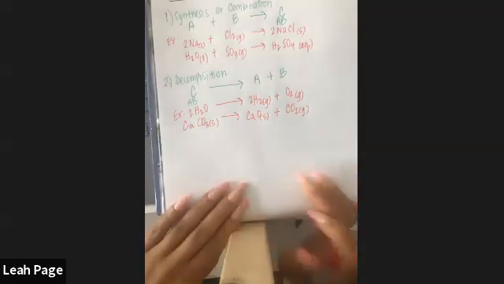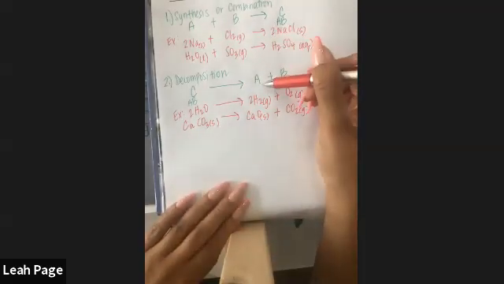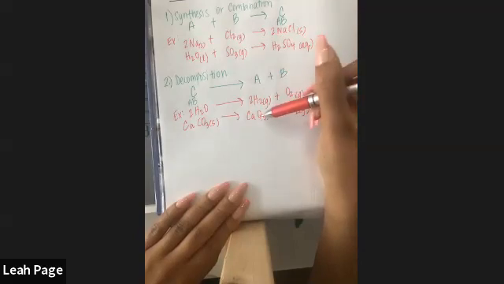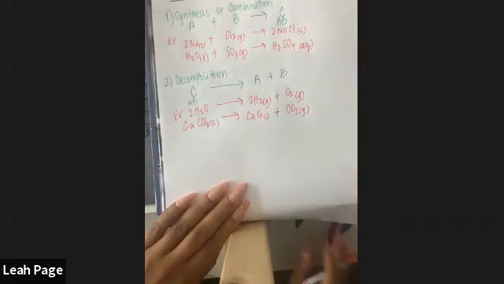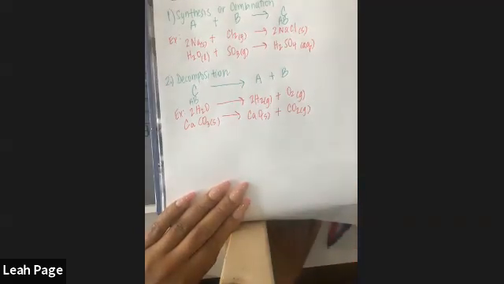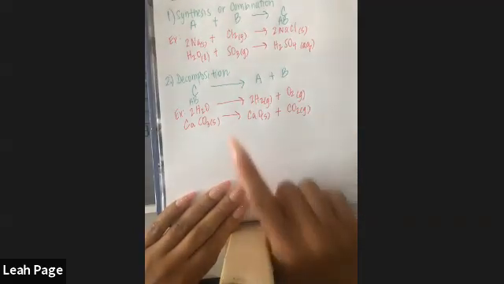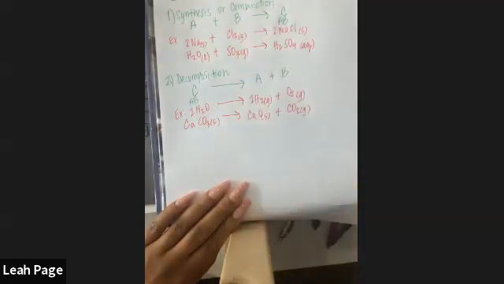So I just want to show that it's not just saying I have one element plus another element. I can have one substance or one compound plus another compound. So remember, this is just the opposite of the first one.